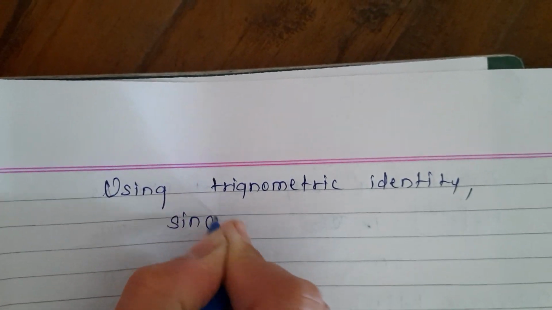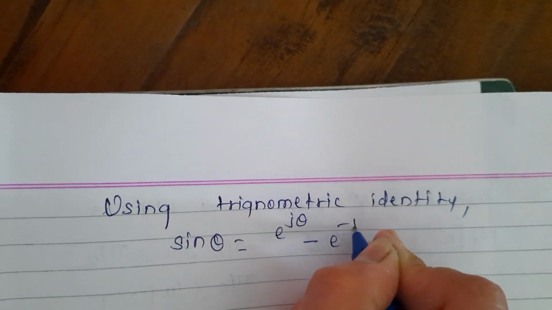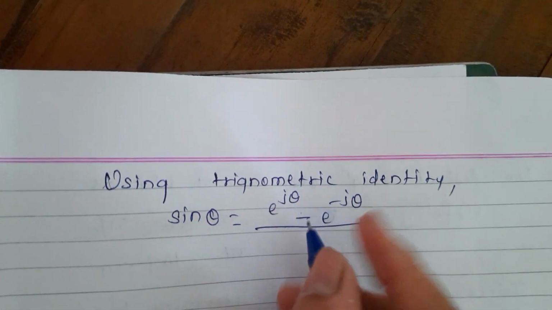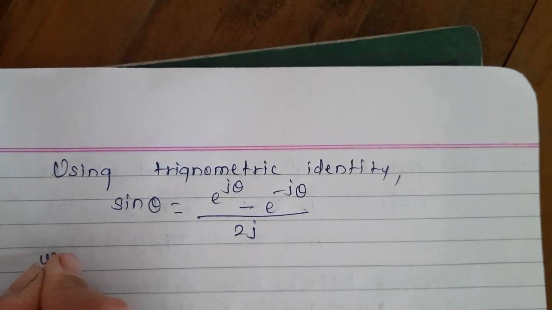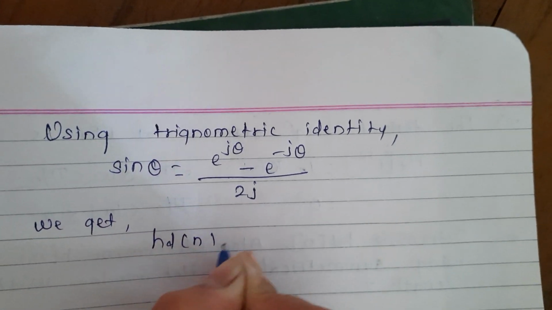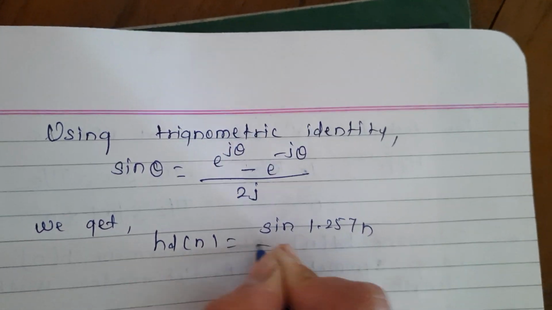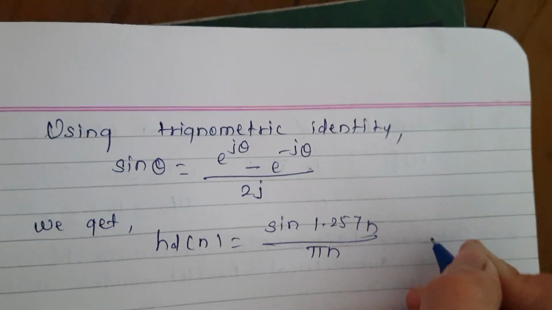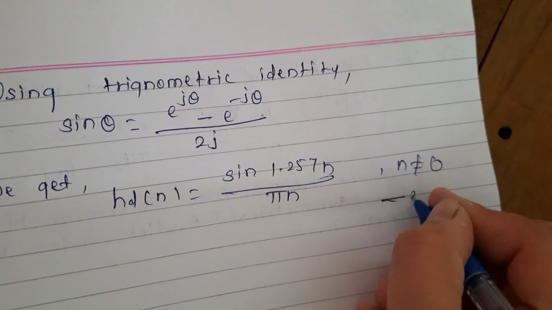Sin theta is equal to e raised to j theta minus e raised to minus j theta divided by 2j. So we get hd of n is equal to sine of 1.257 n by pi n, where n is not equal to 0. This is equation 3.